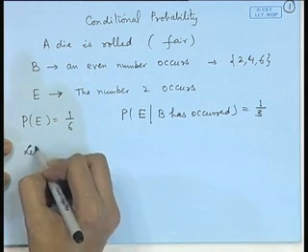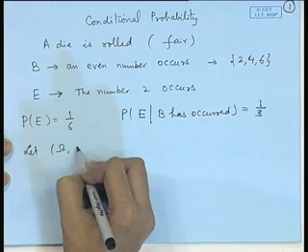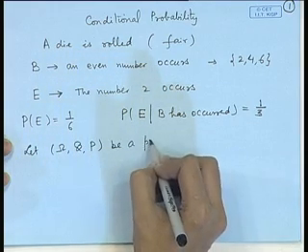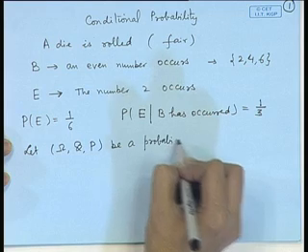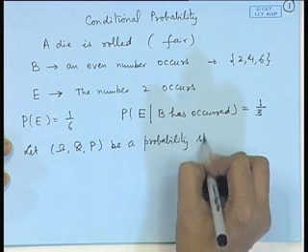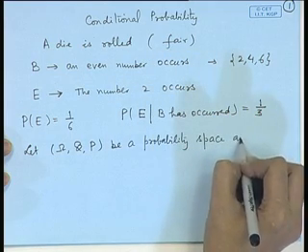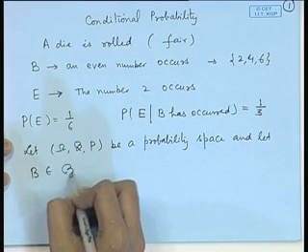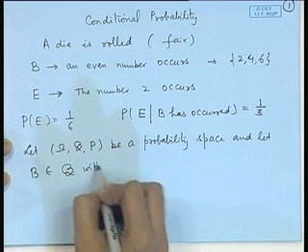Let (Omega, B, P) be a probability space, and let B be an event with positive probability.